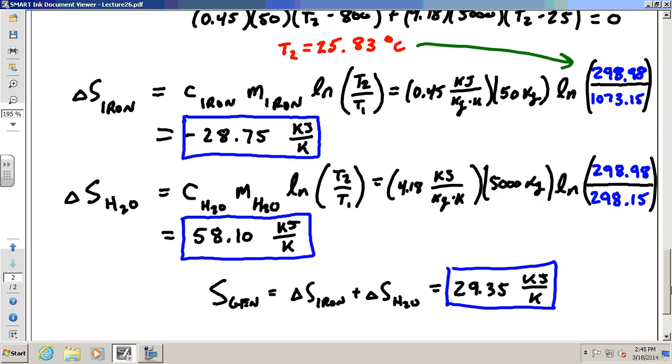And again, the only meaning you can grab out of that number is if I had another process that had less entropy, I would say that that other process was more efficient. But there's no meaning in that number by itself. It's not like I can look at that number and go, oh, that's good, or that's bad. I have no idea. So don't worry about it. If you look at this and go, I don't know what I'm doing, I'm just calculating numbers, that's okay at this point.